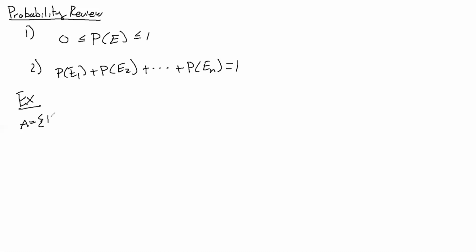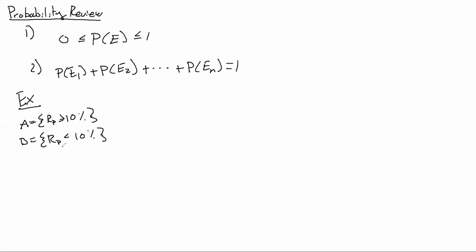So let's say RP, returns for the portfolio, is equal to or greater than 10%. And let's say we have event B. This would be everything that's not. It would just be portfolio returns less than 10%.